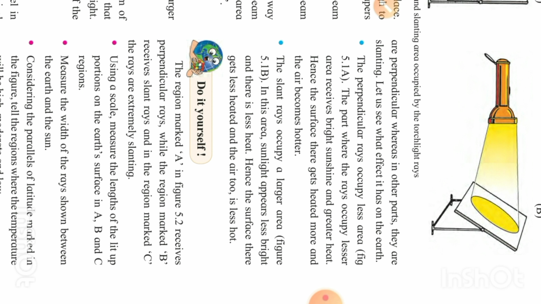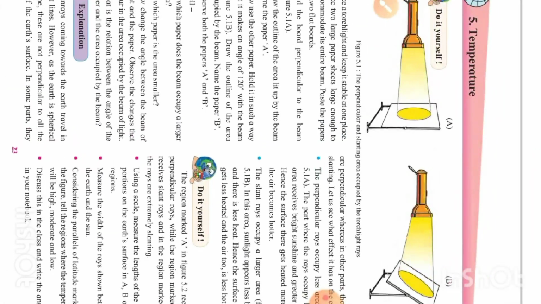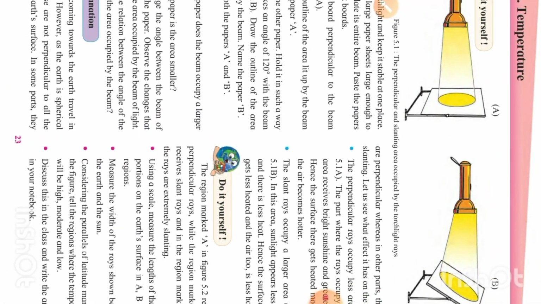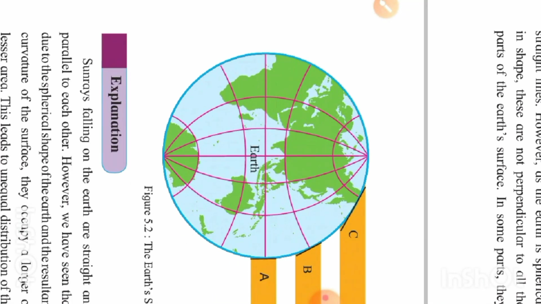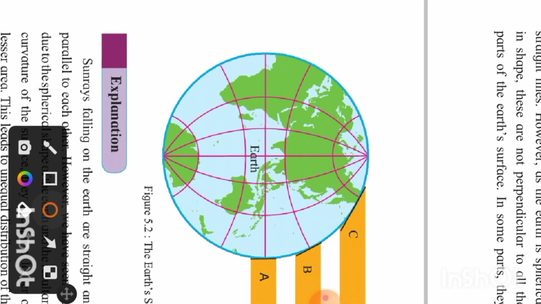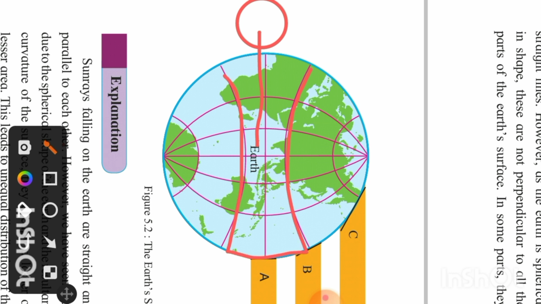Let us see what effect it has on the earth. So what does it mean by slanting? Okay, suppose let's see this globe, okay. So if I say this is the sun and sun rays is perpendicular here, okay, the sun rays is straight, it means it's perpendicular between this area.